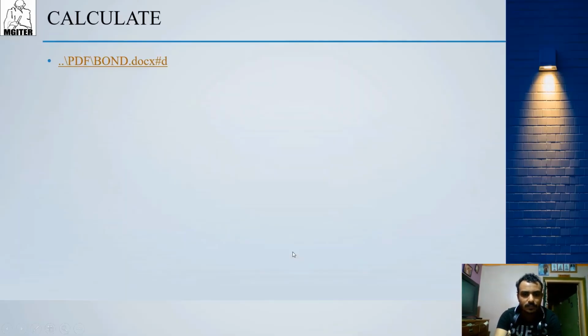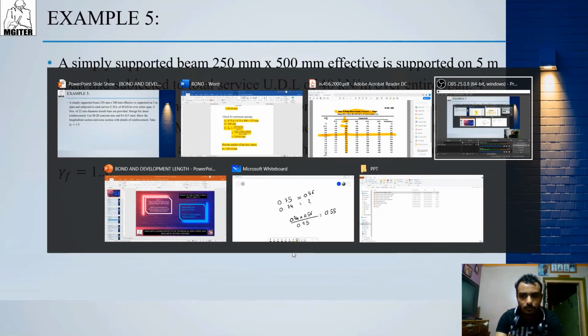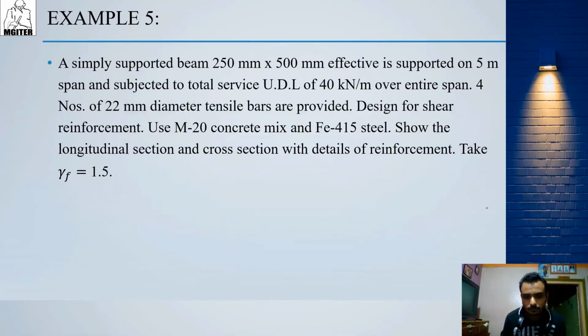So let's start the second example. Okay students, so we have the second example. The simply supported beam 250 by 500 mm effective is supported on a 5 meter span and subjected to total service UDL 40 kN per meter over the entire span.